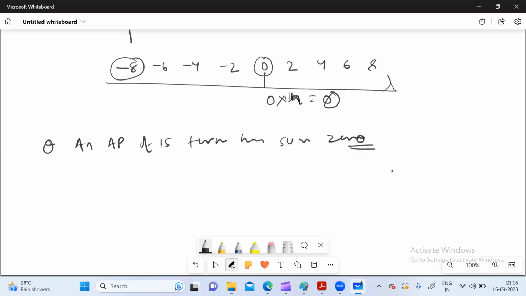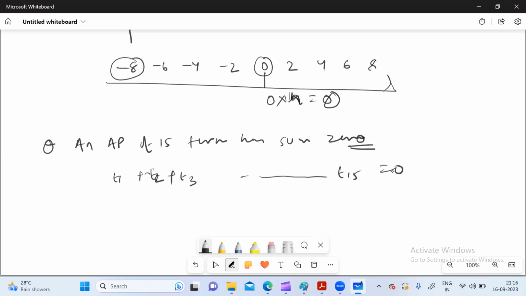So that means the first term T1, T2, T3, like this, if you are adding up to T15, you are getting 0.